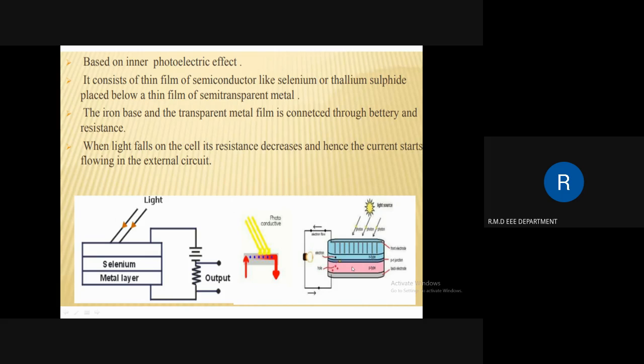Now the characteristics and parameters of this photoconductive cell. When the cell is not illuminated, its resistance is greater than 100 kilo ohms. This high value of resistance is known as the dark resistance of the cell. When the cell is illuminated, its resistance falls to a few hundred ohms. The scales of this illumination characteristic are logarithmic in nature.